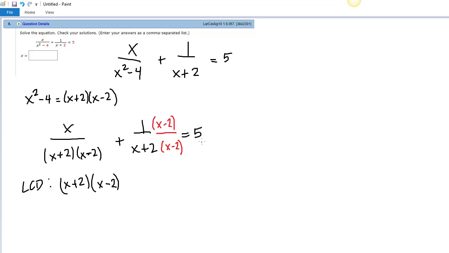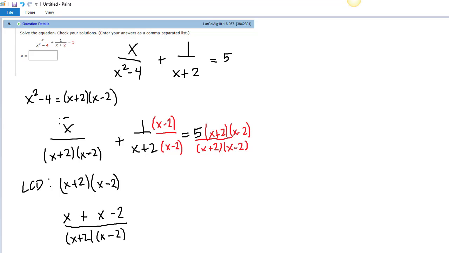All right, so then over here we don't have any denominator, so I'm going to put x plus 2, x minus 2 here, and also x plus 2, x minus 2 up here. So now everything has the same denominator. So now we have the first term is x plus x minus 2, and so that all belongs over x plus 2, x minus 2.